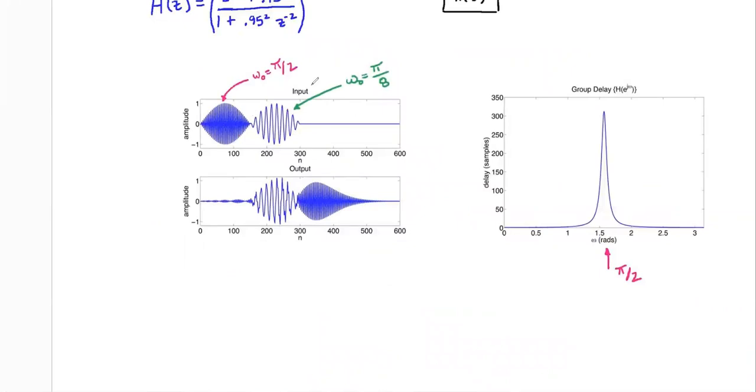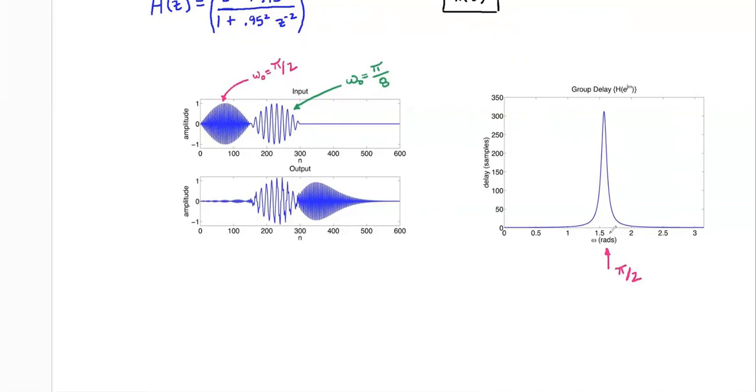Let's say this is your input, where we have a sinusoidal signal with frequency omega 0 equals pi by 2, and this signal is modulated by pi by 8. So this location represents the pi by 2 frequency.